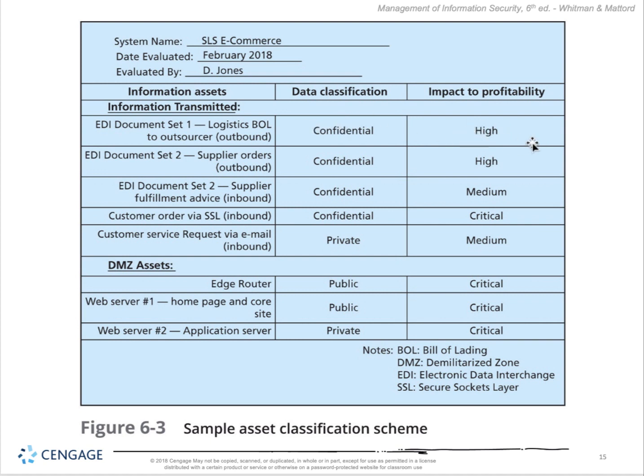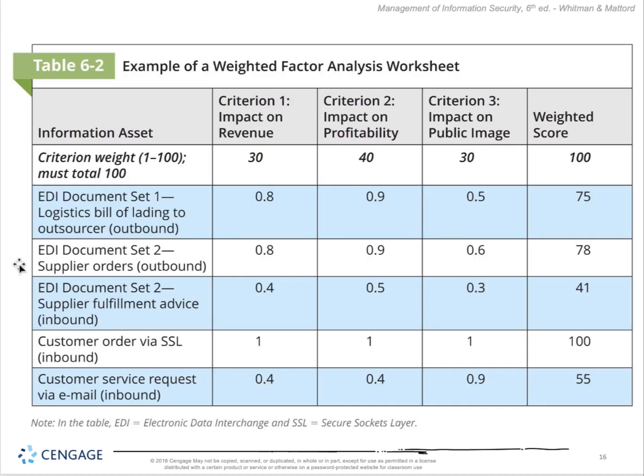The impact to profitability is very, very high, which is very similar to set 2, the EDI document set 2, right? But again, you can see that in regards to the monetary impact, the EDI document set 2 is actually more critical than set 1.